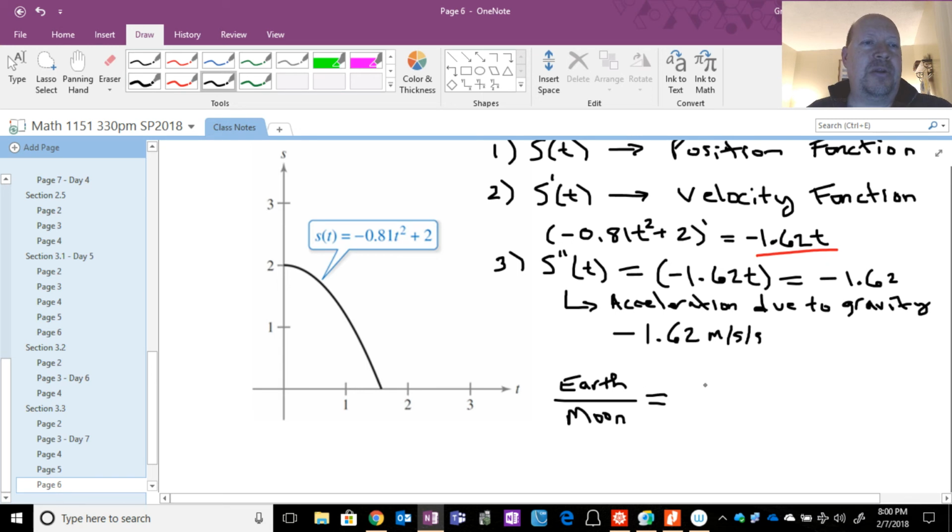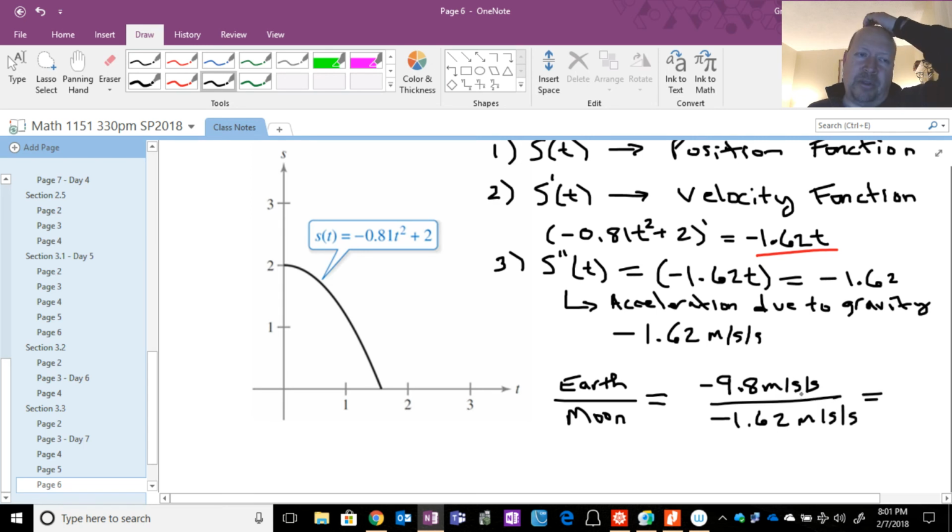So the Earth's negative 9.8 over the moon's negative 1.62. You do that division, the units cancel, it's a unitless answer, and it's about 6.